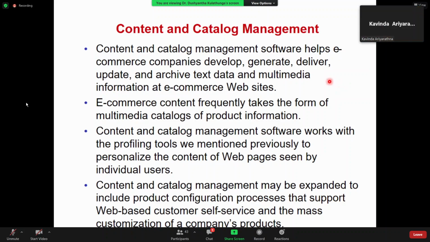Excuse me, can you explain the last point, that configuration process? Now, if you configure a particular product, or if you customize a particular product, suppose you are going to build a computer. So you are going to order a computer and you are building the particular computer by incorporating different components.